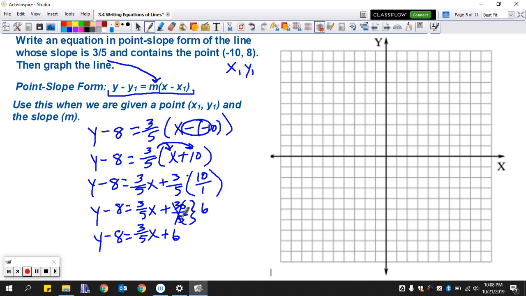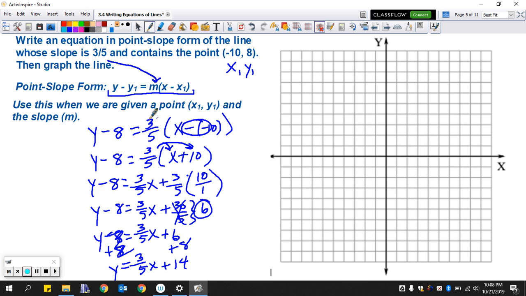We add the 8 to both sides. Remember, we can only add the 8 to the whole number because it doesn't have an x, so it's not a like term. We end up with y is equal to 3/5 x plus 14.